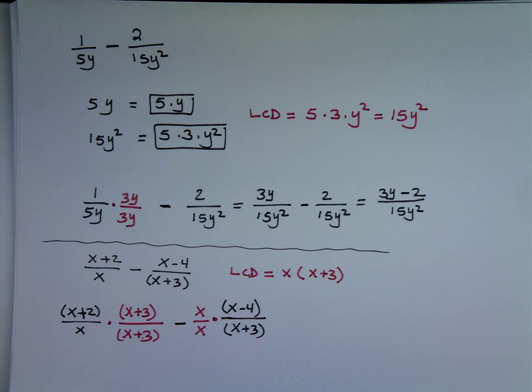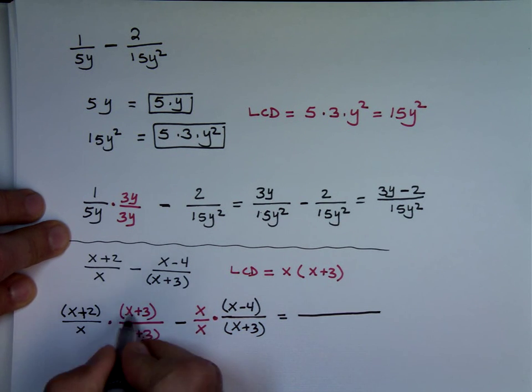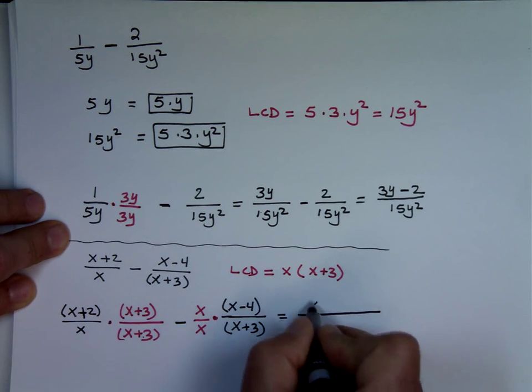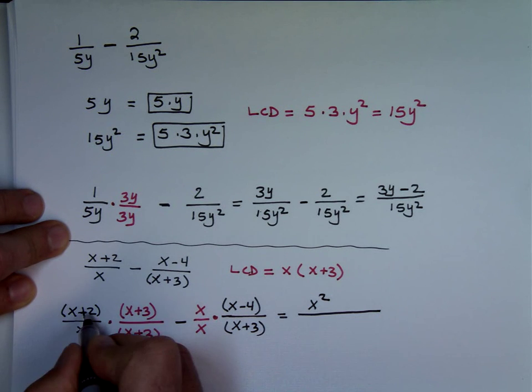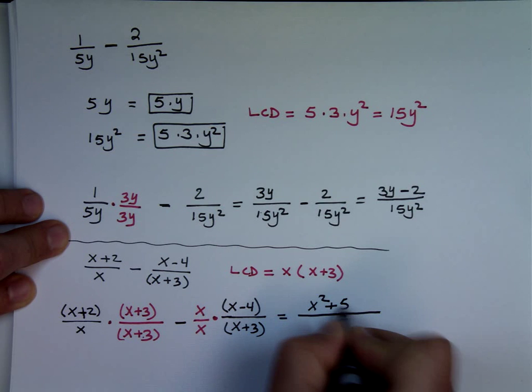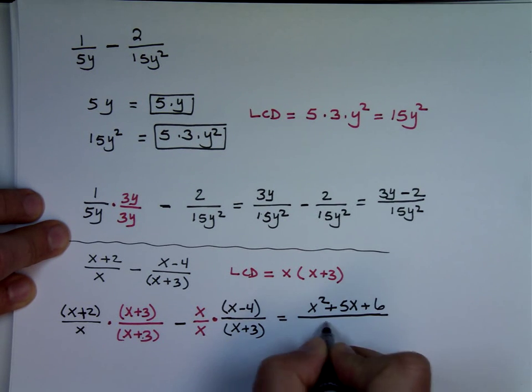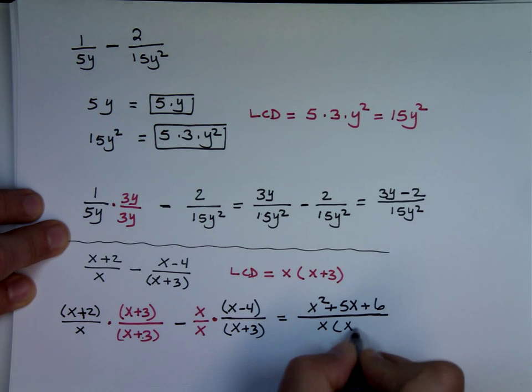So now I can rewrite this as, let's FOIL this one, that's x squared plus 2x and 3x, that's 5x, I'm using the FOIL method, plus 6 over x times x plus 3. Here's the minus.